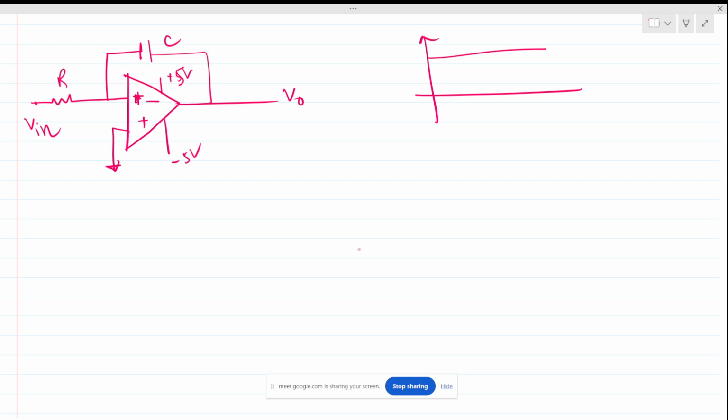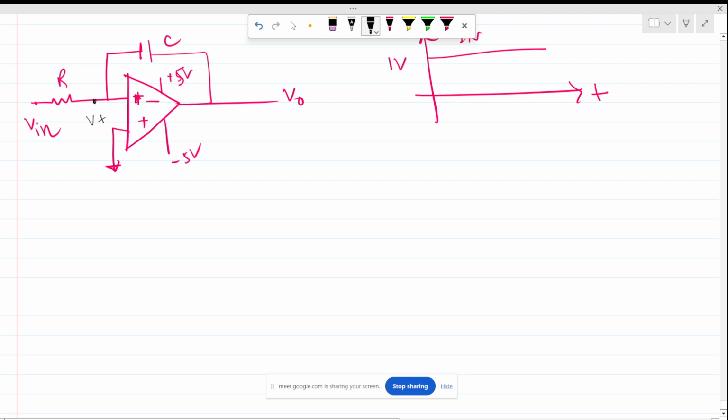Let's say a step of 1 volt. I need the waveform of this node, the voltage across the capacitor, the output, and the current through the capacitor. We need these 4 plots. Okay, let's do it.